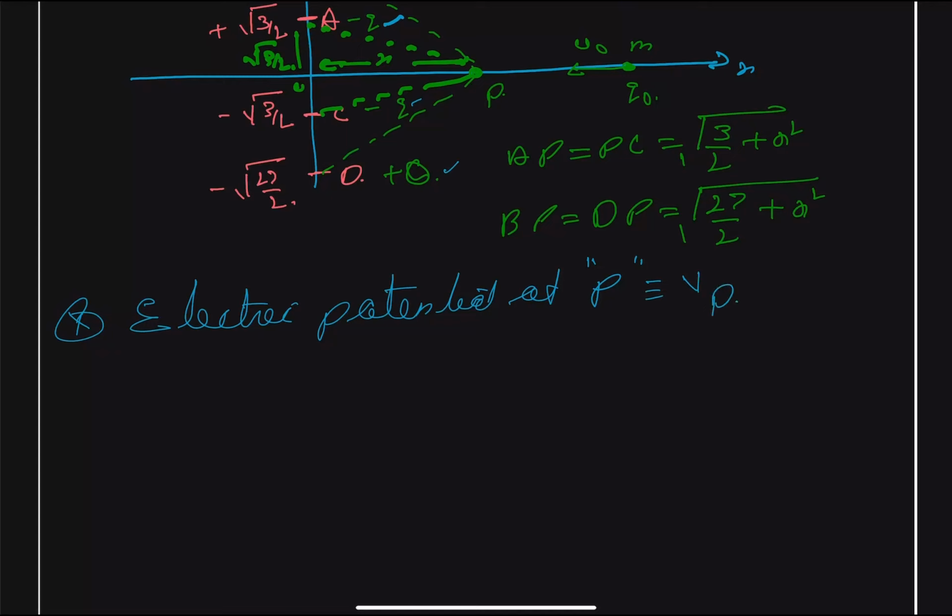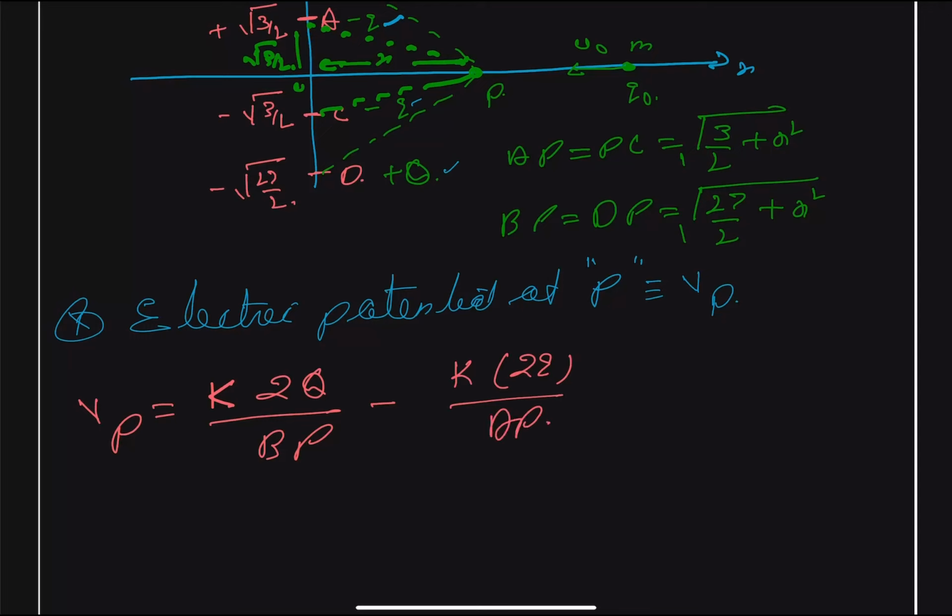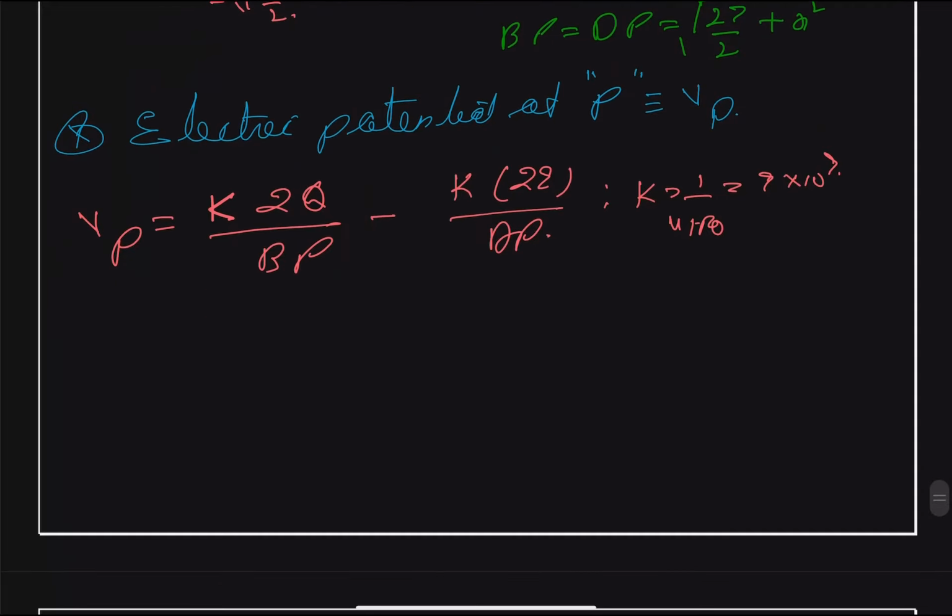Therefore we can write Vp equals K, and the charges are 2Q divided by the distance, that is BP, and minus K, once again 2Q, and Q is our AP. K we already know is 1 upon 4 pi epsilon naught, whose value is given as 9 into 10 to the power 9. Therefore we can substitute the values.